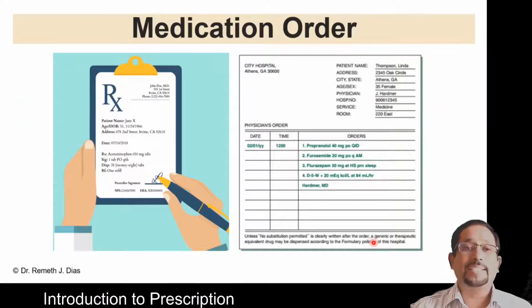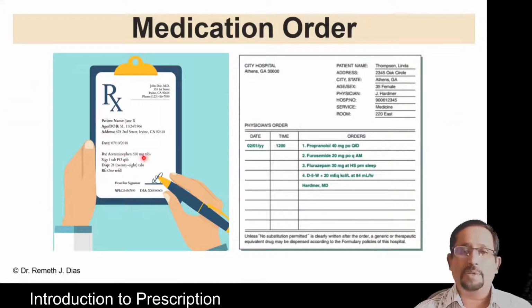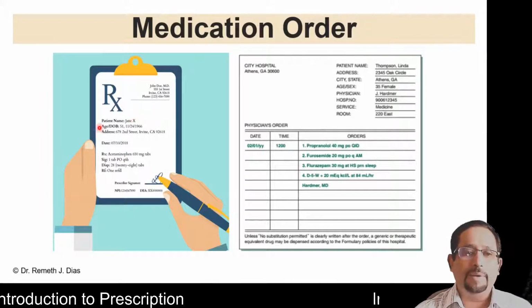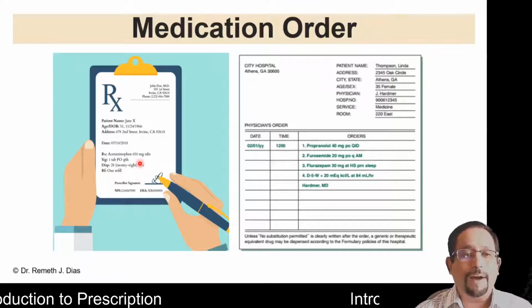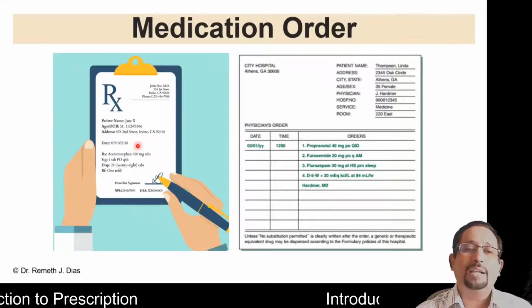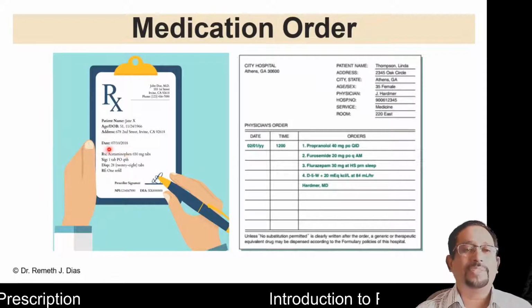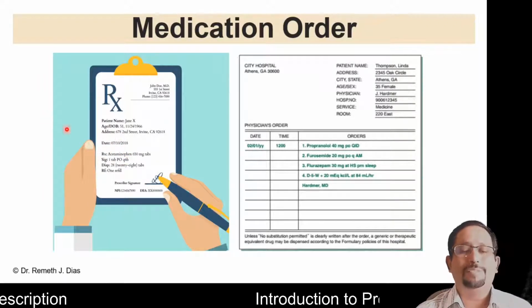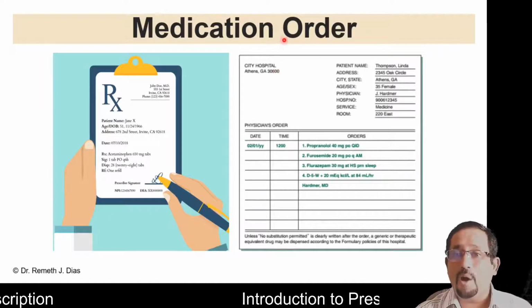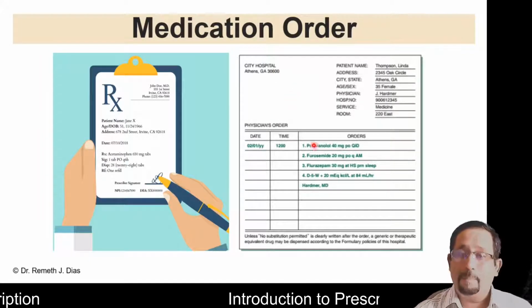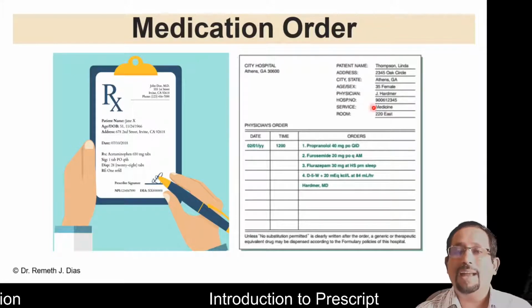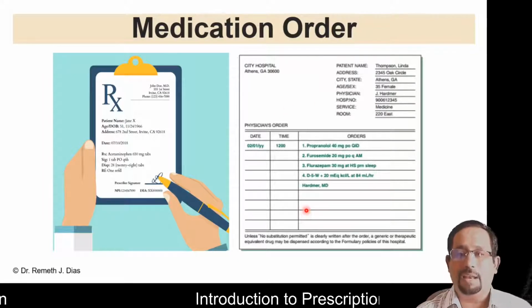Now, let us see the difference between a prescription and a medication order. Prescription is an order given by a physician to a pharmacist for the patients who are not admitted in the hospital. They are outpatient department patients, OPD patients, because the patient can carry this prescription to the pharmacy. But medication order is also an order, but it is only for the admitted patients in the hospital.